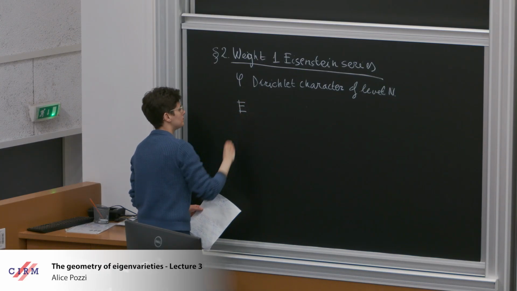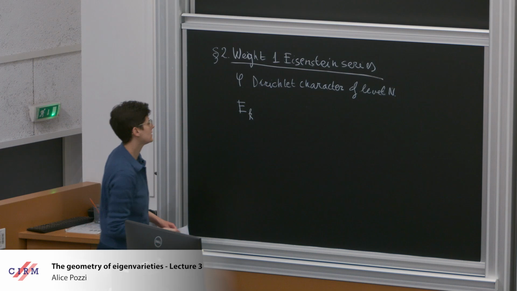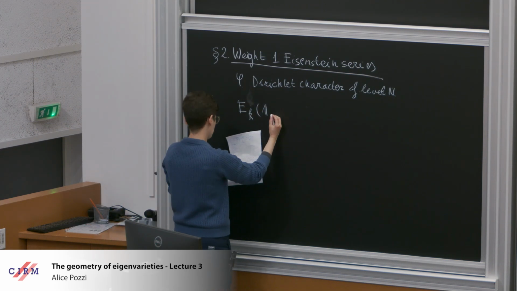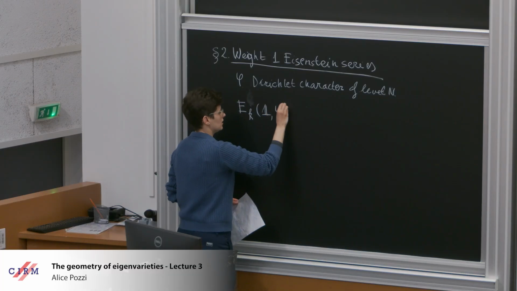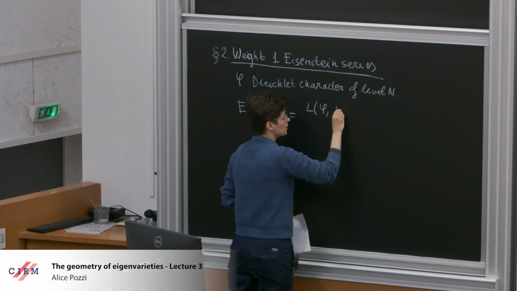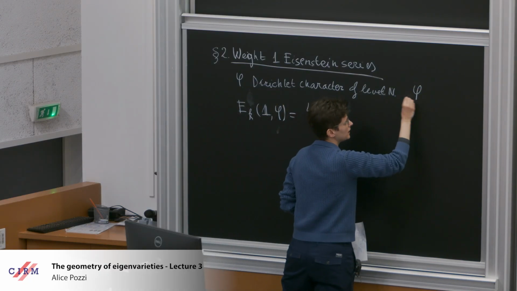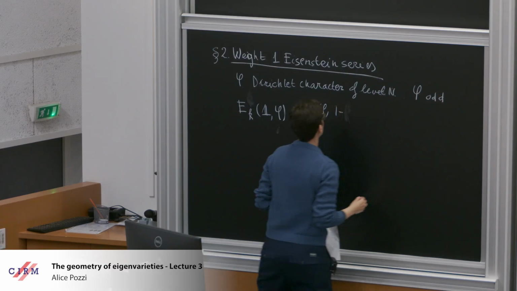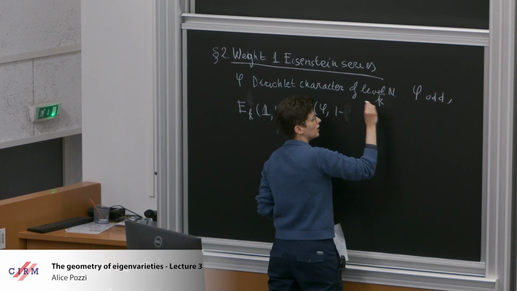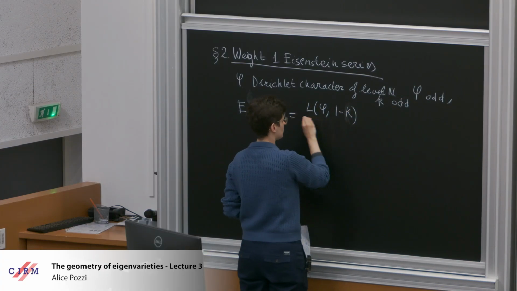And to this guy, we can attach Eisenstein series, just like we did in the first lecture of this lecture series, up to modifying the coefficients a little bit. Importantly, I want phi to be odd, which makes me want to consider the odd weights, instead of the even weights, as I did the first day.